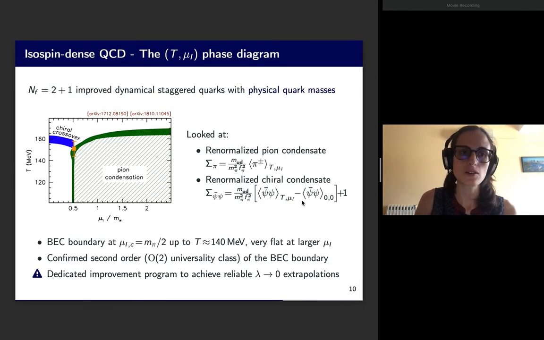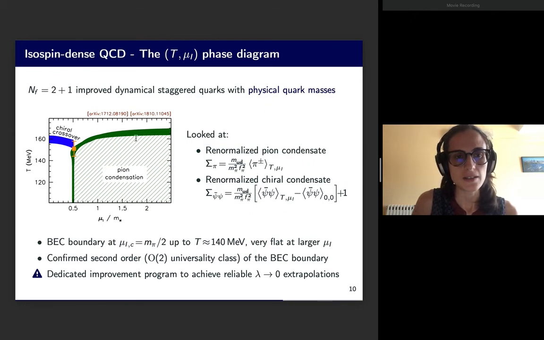And with this combined, one is really able to map out the phase diagram in the temperature versus isospin chemical potential over m pi plane. And then you have the onset of pion condensation at 0 temperature happening exactly at 0.5 in this convention for the units. I remind you that this has been done for 2+1 improved dynamical staggered quarks with physical quark masses.